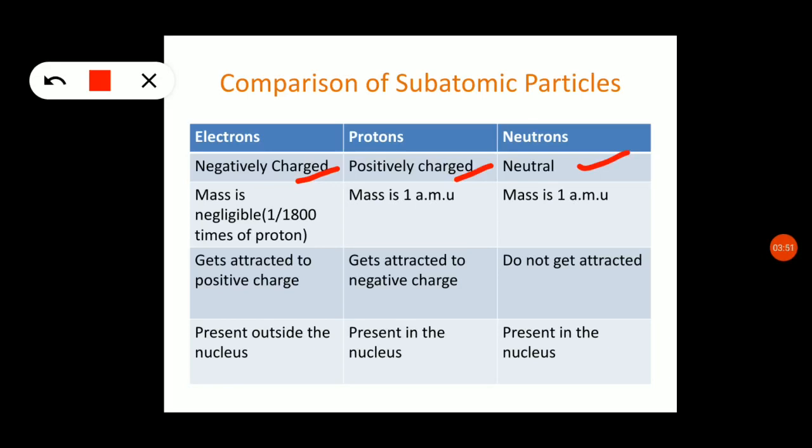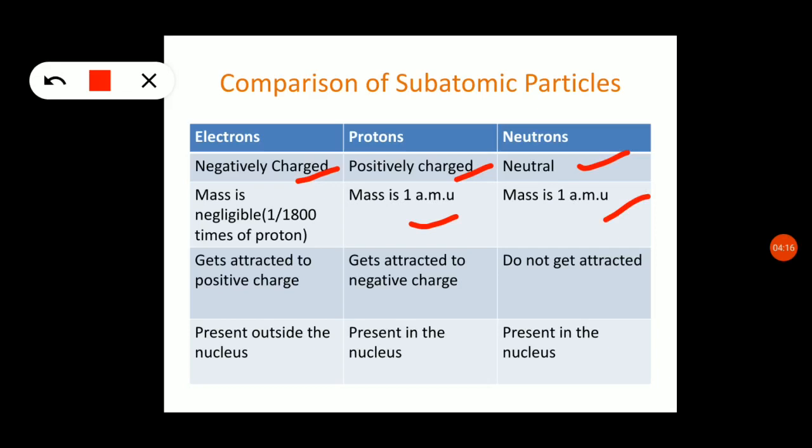They don't have any charge. The mass of the electron is very, very negligible, that is 1 by 1800 times of the proton. The mass of the proton is 1 atomic mass unit, and neutron is 1 atomic mass unit.